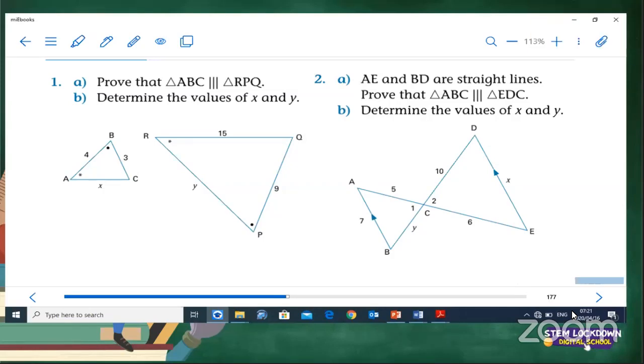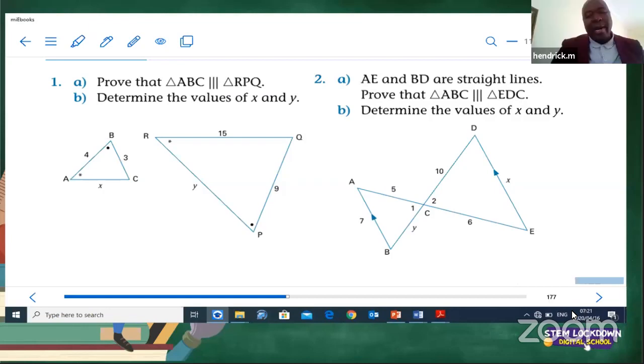Let's look at angle C1. I'm sure you will agree with me that angle C1 is equal to angle C2. What is the reason? The reason being the two angles are vertically opposite angles. Do you agree with me? C1 and C2, those two angles are equal.